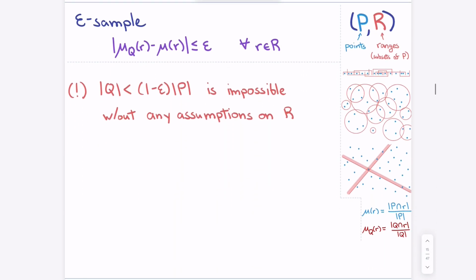So first, I want to point out this: if you don't make any assumption on the ranges, the shapes, the classifiers, then if I wanted to get an epsilon sample, it's impossible to make Q much smaller than P. Why?